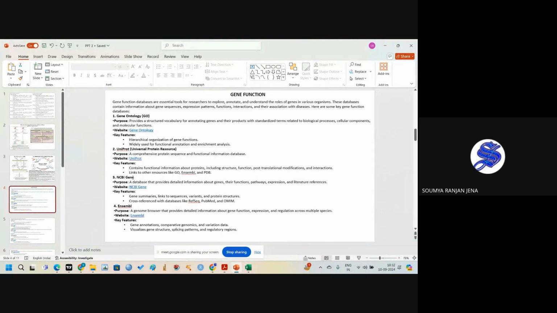This NCBI gene database provides detailed information about genes and their function, pathways, expression, and literature references. As we know, everything we will find in this NCBI gene database.